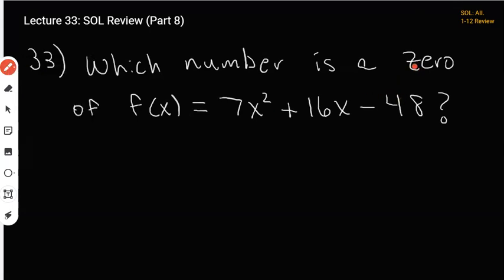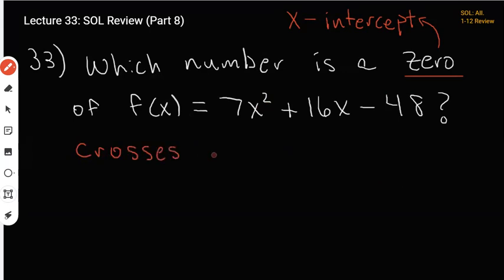So the first thing we're going to do is underline the word 0. And we know that 0 is the same thing as what? The x-intercept, right? So if we can graph this and see where it crosses the x-axis, we'll know what its zeros are. So I'm going to graph it on Desmos and look at it.